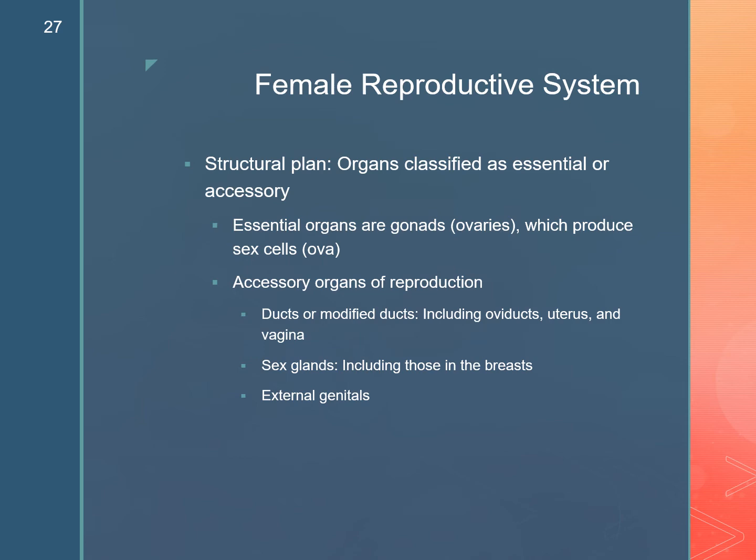The ovaries produce the sex cells, which we refer to as the ova. That's plural, ovum for one. The accessory organs of reproduction are all the rest. The ducts, including the oviducts or fallopian tubes, the uterus, the cervix, and the vagina, and then various sex glands, including the breasts and the external genitalia.